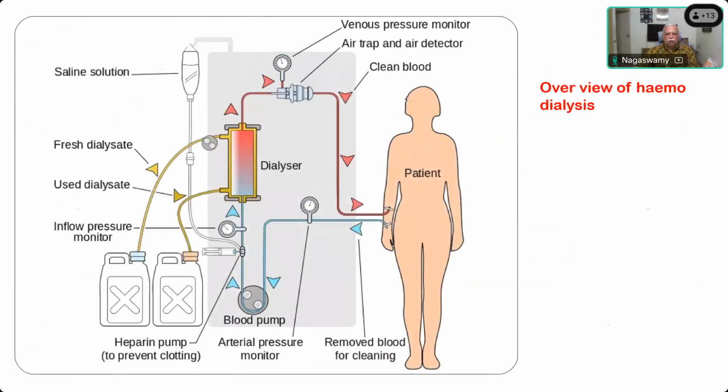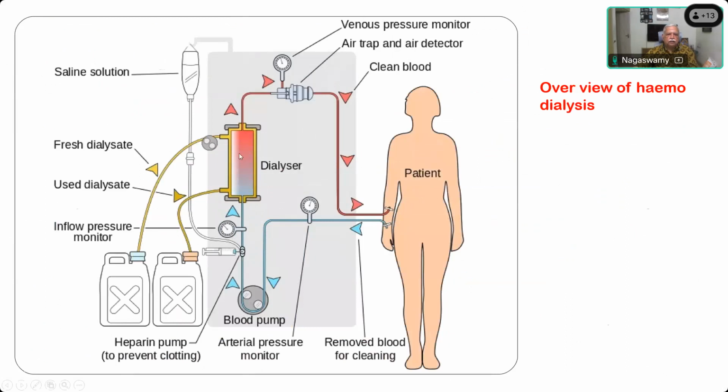Now this is the overall view of the entire process of hemodialysis, where you can see the fistula, and the blood is drawn from the venous side into the system. There is a roller pump, and you can add heparin here, or you can inject heparin systemically to keep it anticoagulated. And there is a pressure monitor to show that there is no excess pressure or block in that.